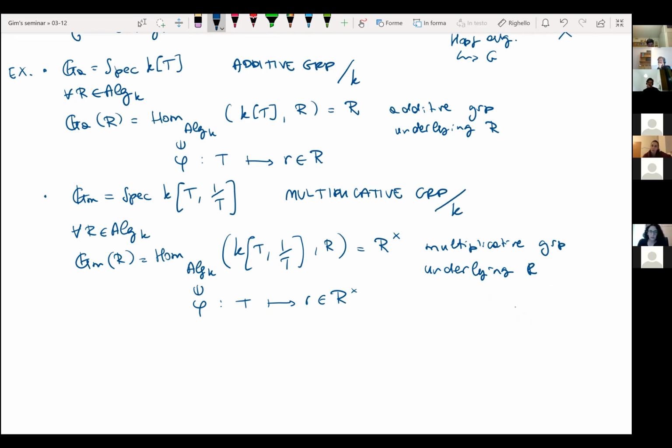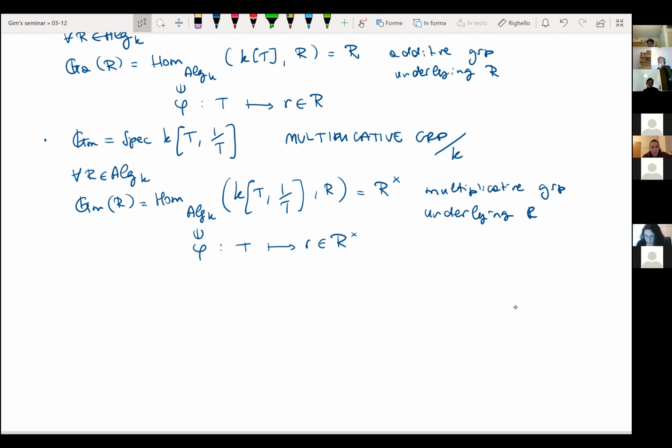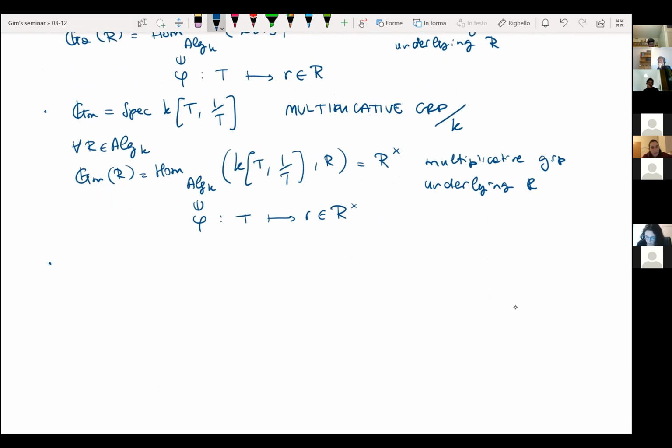Okay, I'll give 2 more quick examples. So we can also consider mu n, which is the spectrum of K[t]/(t^n - 1).